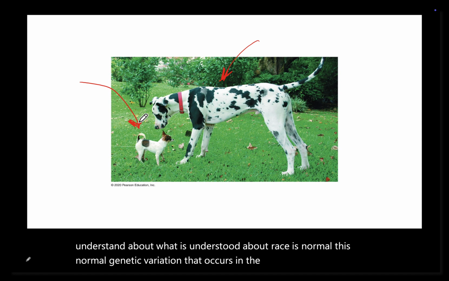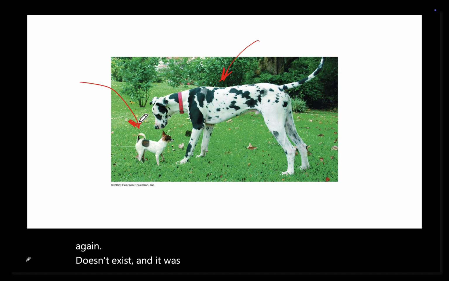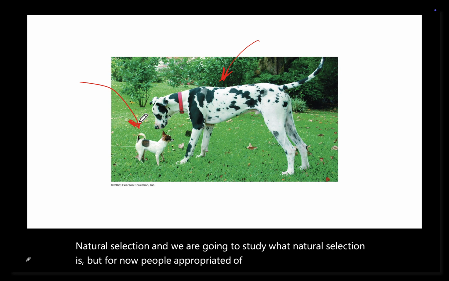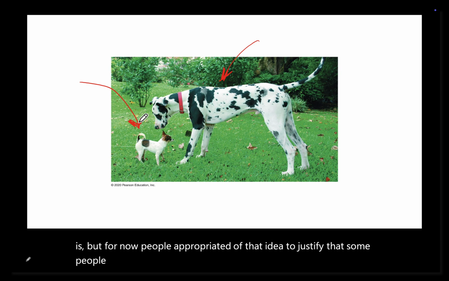The term race, again, doesn't exist, and it was created based on this misconception about natural selection. We are going to study what natural selection is, but for now, people appropriated that idea to justify that some people, some races, would be better than others.